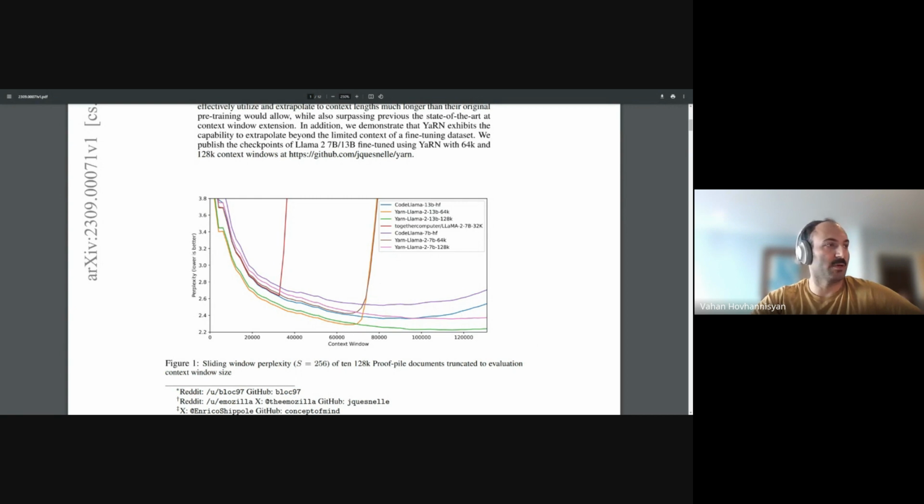If you look at these curves, for most models, like this red one, which I think is the 32K model, as soon as we reach the context size, performance degrades rapidly. Same with this brown one, the YaRN with 64K. This also degrades after the context window.